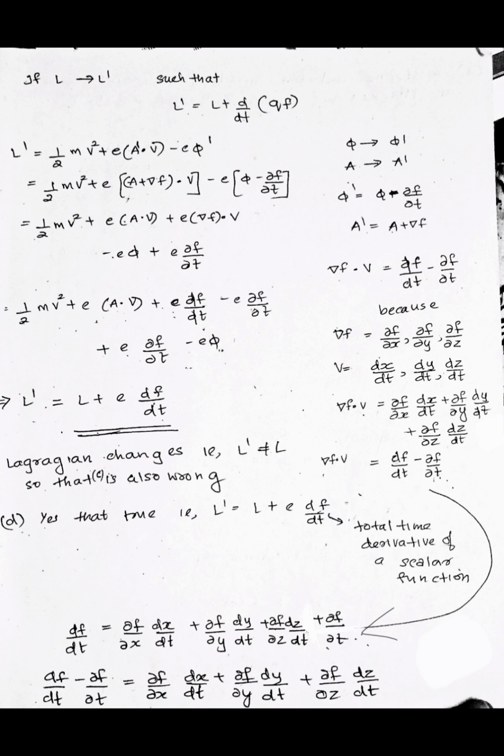Substituting these values, we write L dash as half mv square plus e into A dot v plus e into df by dt minus e into ∂f by ∂t plus e into ∂f by ∂t minus e phi. So this can be written as L dash is equal to L plus e into df by dt.